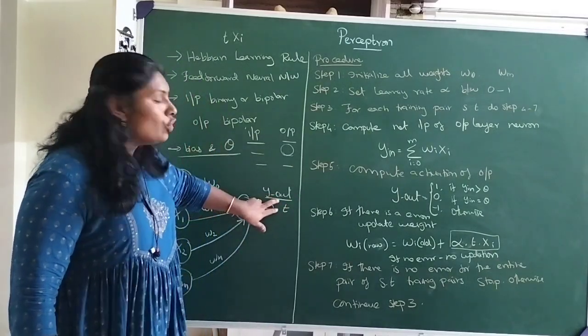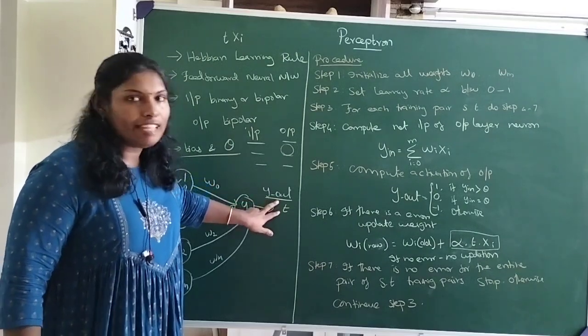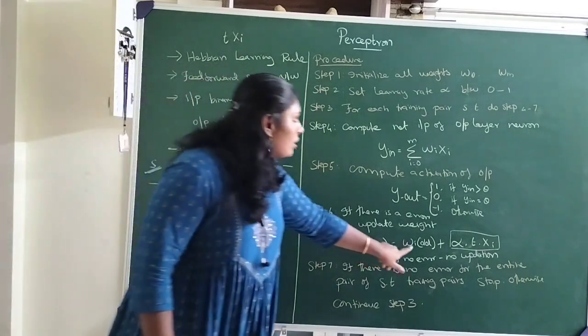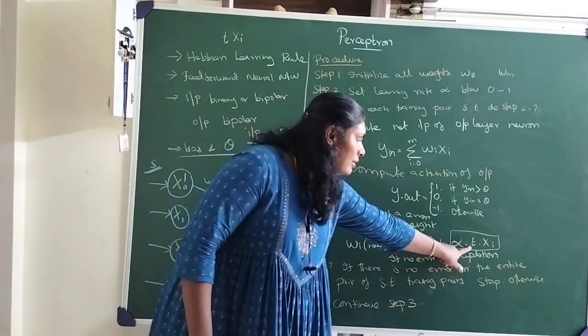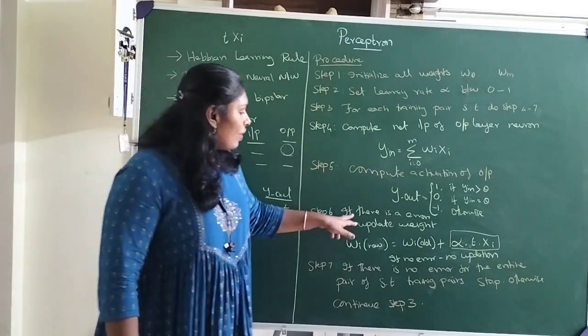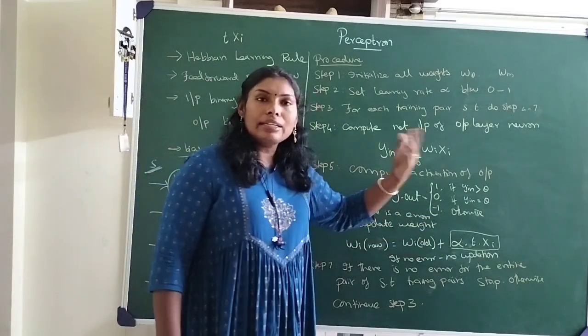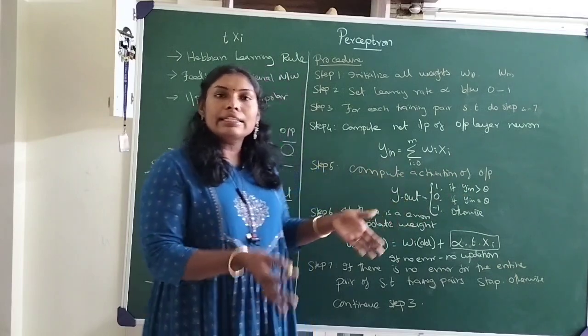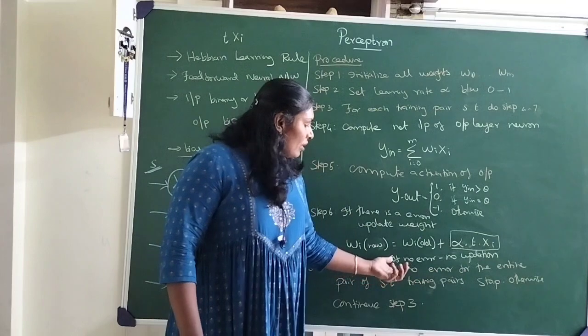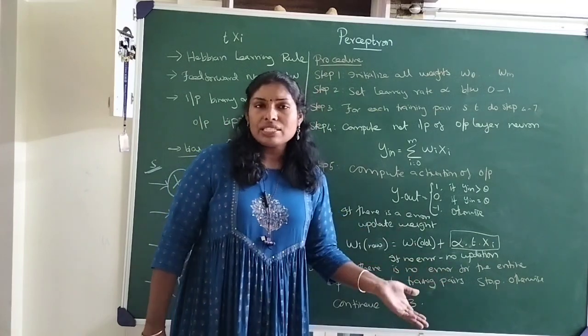If there is no error, I do not update any weight. If there is any difference, I go for weight updation as per this Hebbian learning procedure. So when there is an error between the target and the actual output, I have to go for a weight updation, and if there is no error, no updation is needed.